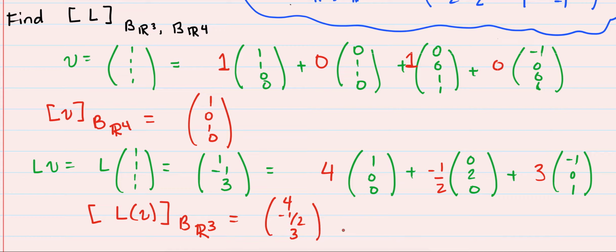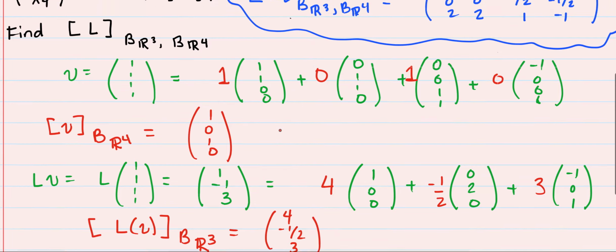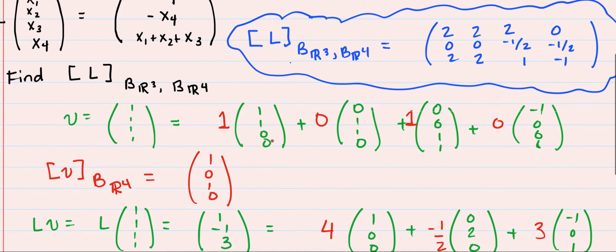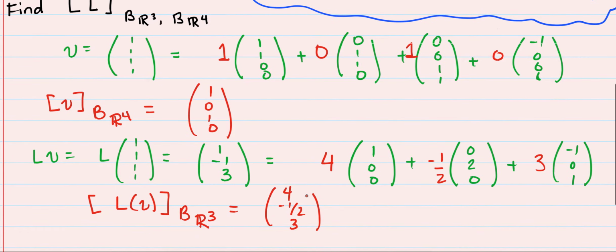Okay, so I just chose a random vector and I found the coefficient matrices. So what I need to do is I need to take this matrix and multiply it by this one, and fingers crossed I get this one. So let's see what happens.